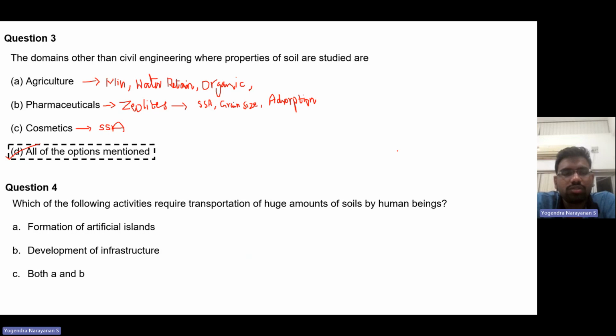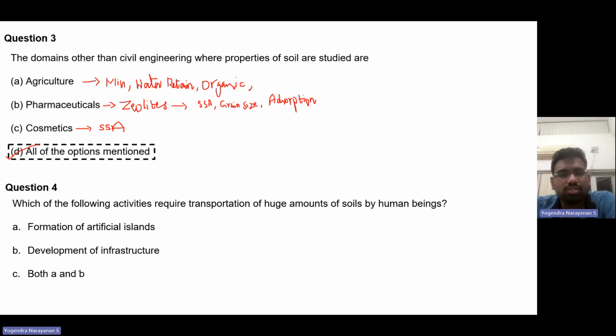And apart from those, as a backfilling material, as an embankment material, or as an agricultural material, etc. So these aspects require transportation of huge amounts of soils by human beings.